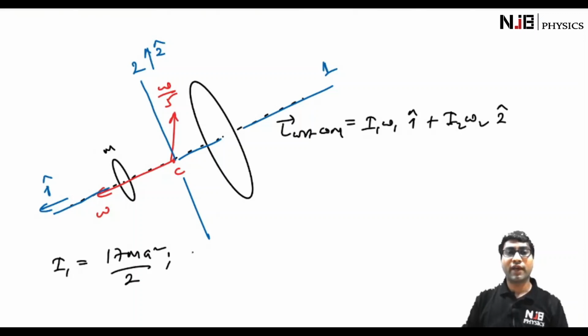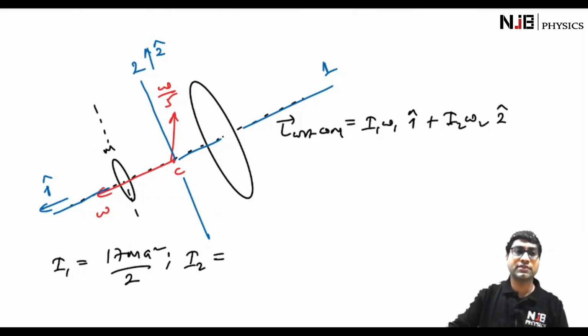Now we have to get the value of I2. I2 is the moment of inertia of the two disks about the second principal axis. For that, you know that we have to make use of the parallel axis theorem. So let's use the parallel axis theorem for the smaller disk. We know that for the smaller disk about this axis, the moment of inertia is m a square divided by 4.